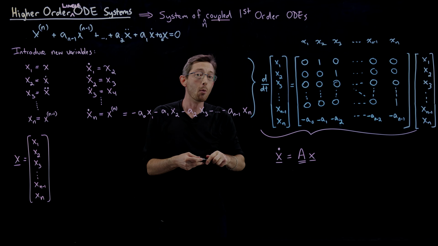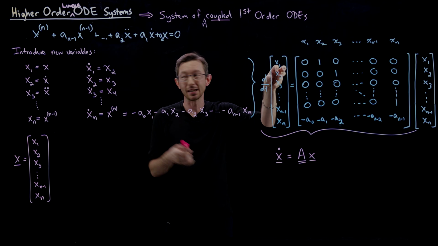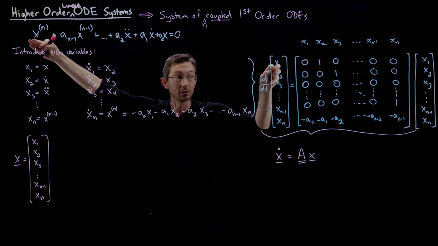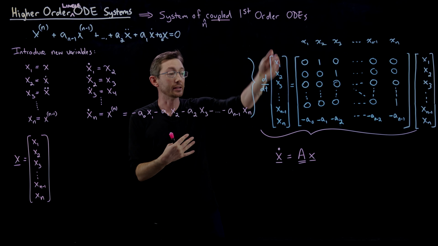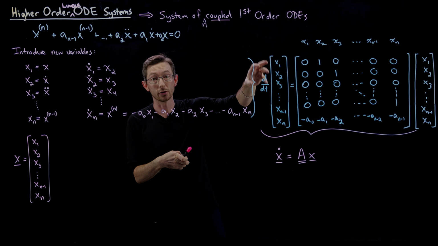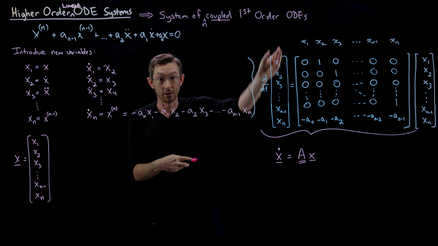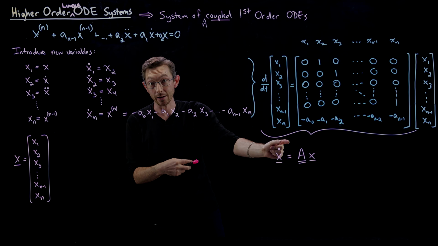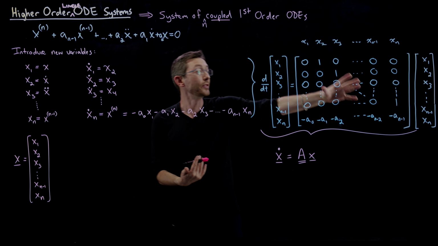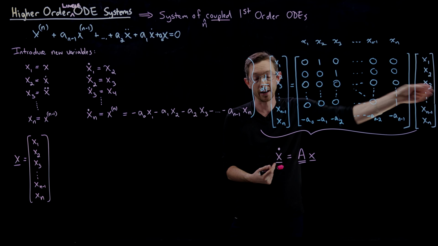Of course, morally, we know that these states represent higher derivatives of my original variable x, but here we have transformed the system so it's simpler. So I'm only dealing with first derivatives of a larger dimensional state x underbar that has n components. This is a vector, this is a matrix A, and this is another vector.